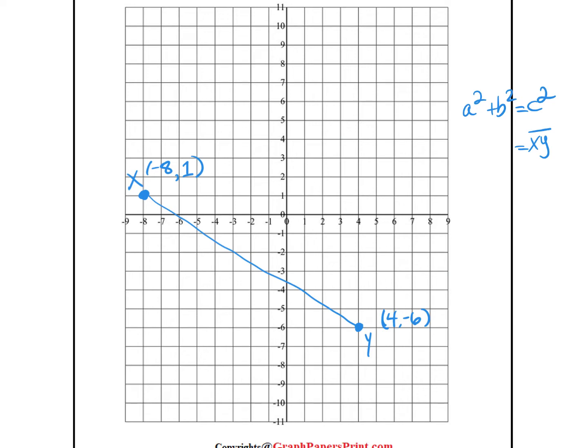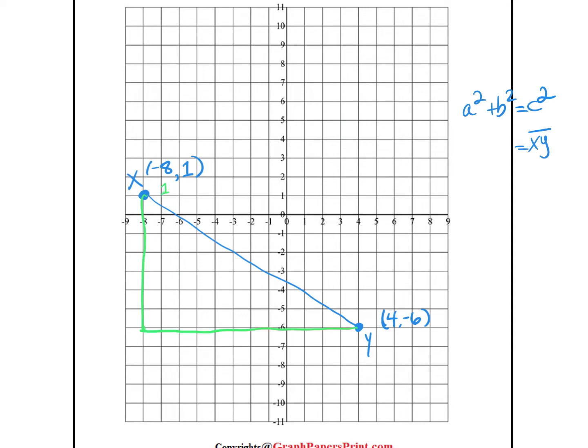I wanted to change colors here so that way it's a little easier to see. Okay. And of course we count the length of the leg. Now this leg that is vertical goes from positive 1.